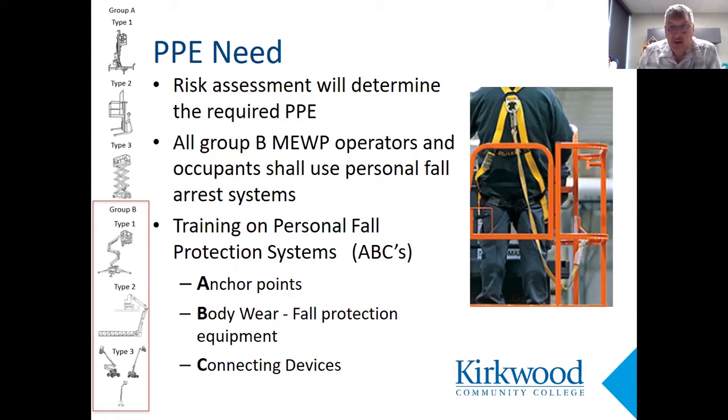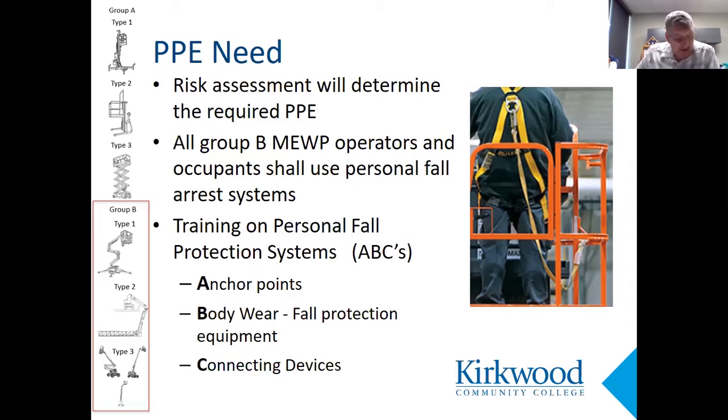So the rules have not changed here. Employees are required to assess what the PPE needs, provide the PPE, and train on it. So again, part of the MEWP training is we need to add this in there. So now you've added more time into your training needs.